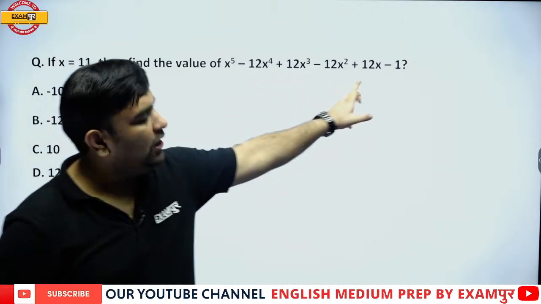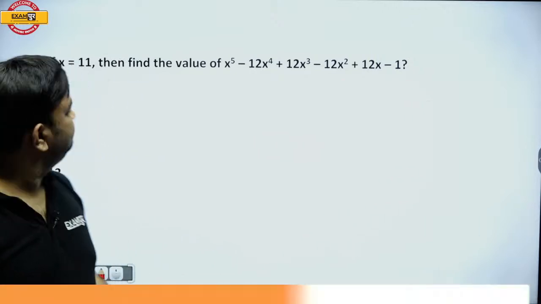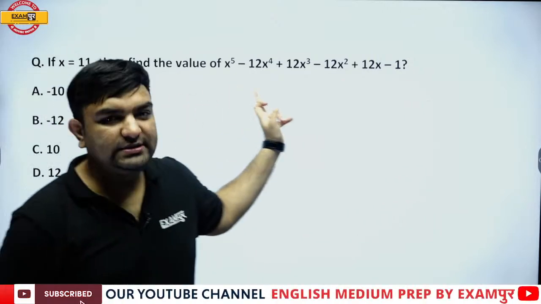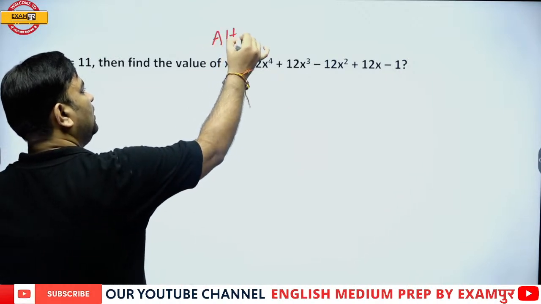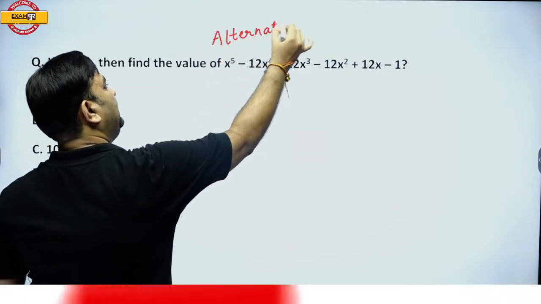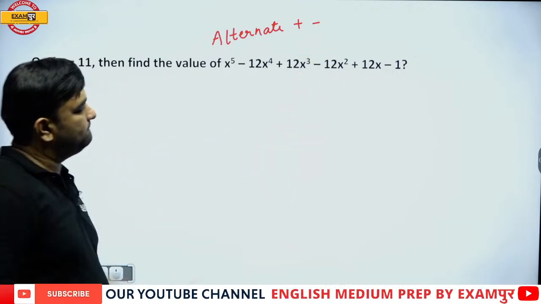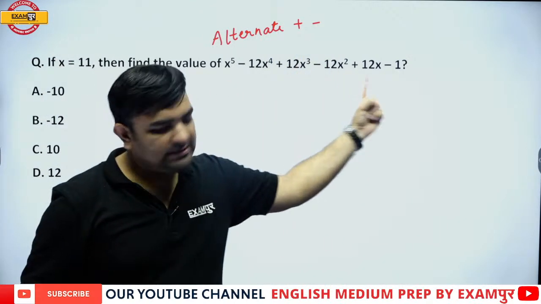12, 12, 12, 12, 12 and the constant term. X is 11 and it's throughout. Alternate plus minus, plus minus, plus minus.